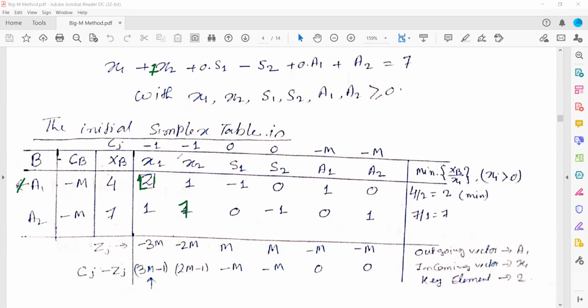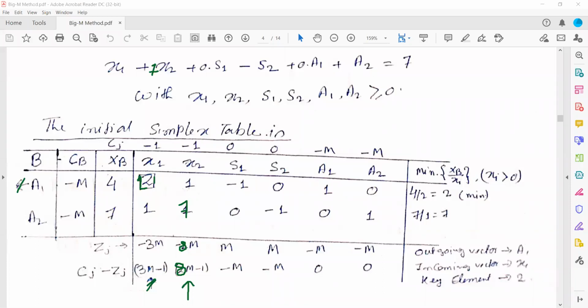This will be -3m, so it becomes -8m. All other things will remain, and this will be 8m minus 1. So this will be your key column.